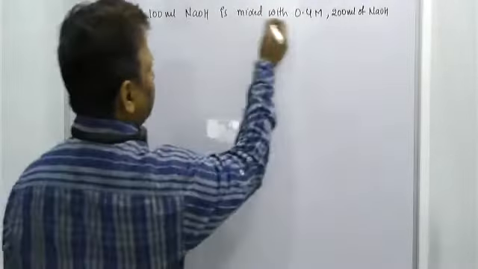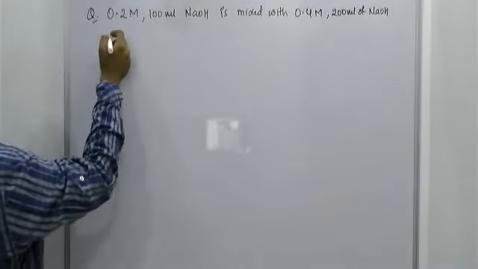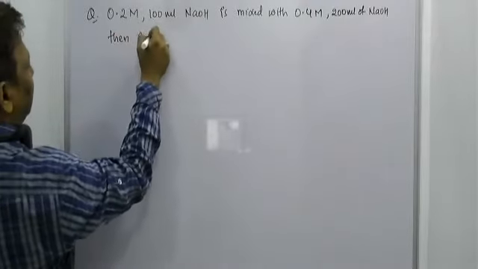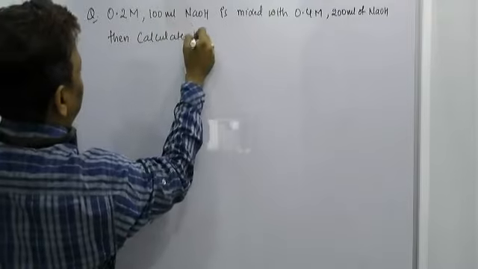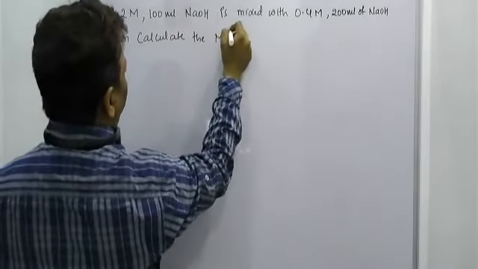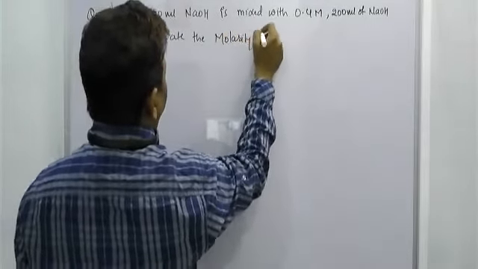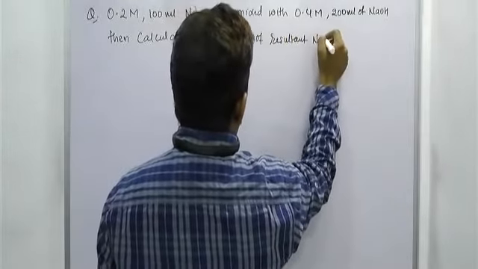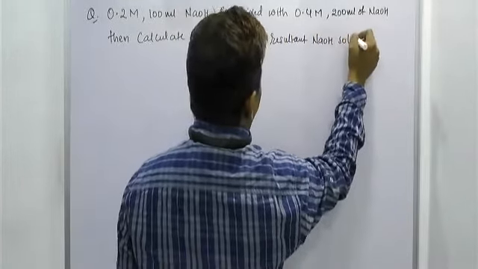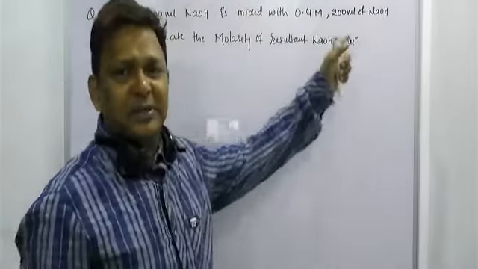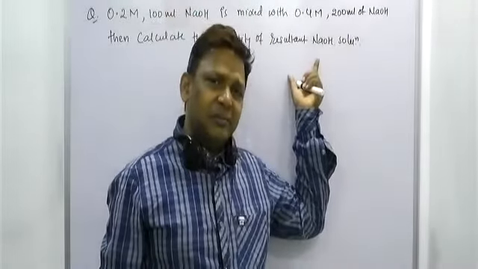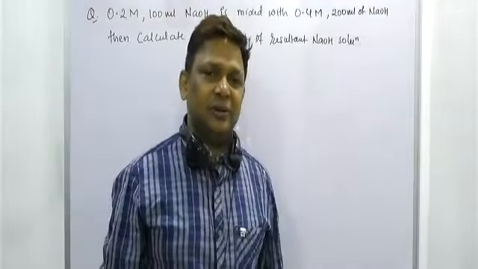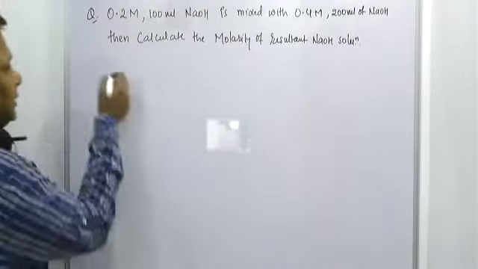So both the NaOH are mixed together. Then calculate the molarity of the resultant NaOH solution. Obviously, beta, both are basic solutions. The resultant solution is basic in nature, and you have to calculate the molarity of the resultant solution. Please do it, beta. Get the answer.